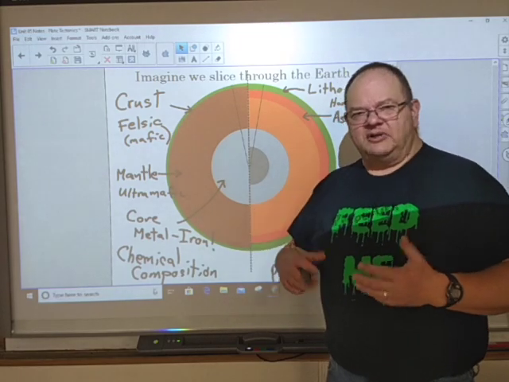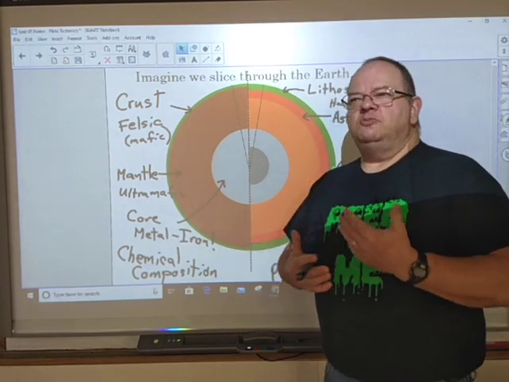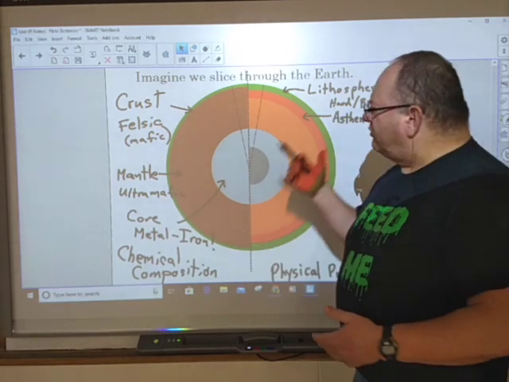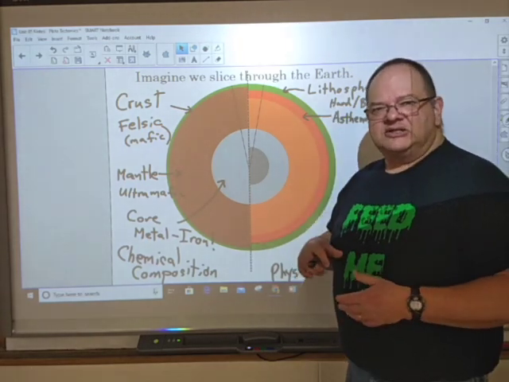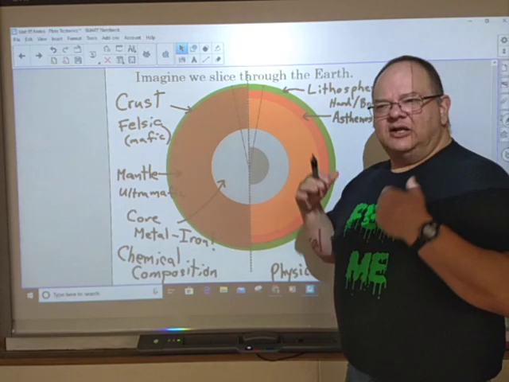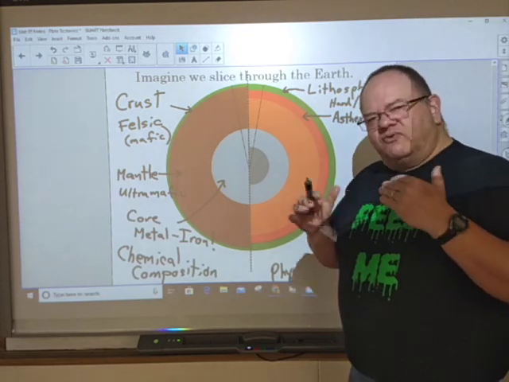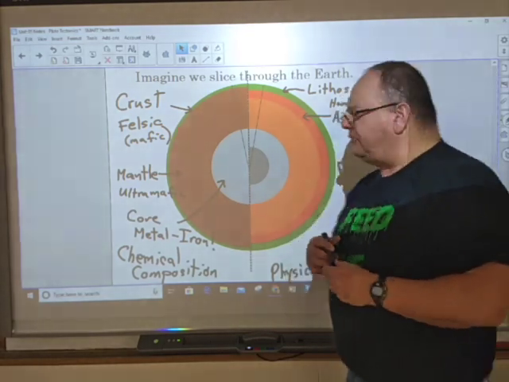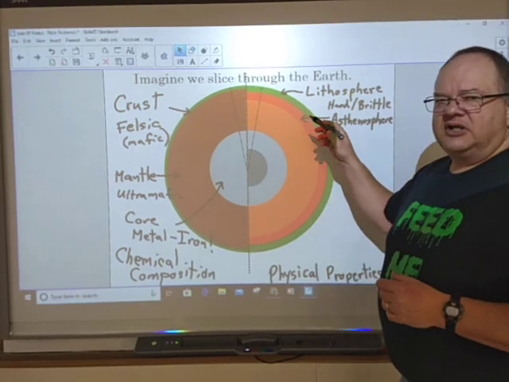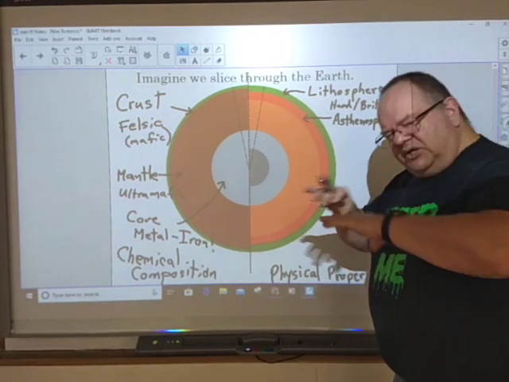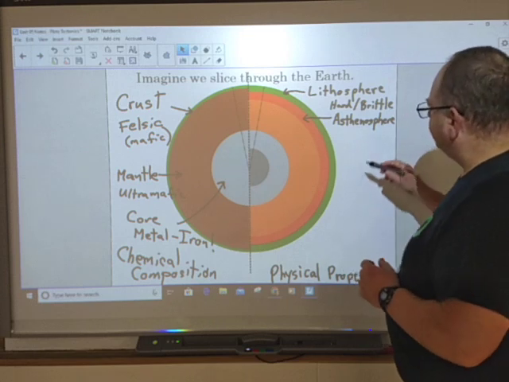It's not flowing like water, but it does move around. Well, the rock in the earth kind of does the same thing. If it's hot and under pressure, it can move. It has plastic properties. And the asthenosphere is a layer of the earth that is particularly plastic.